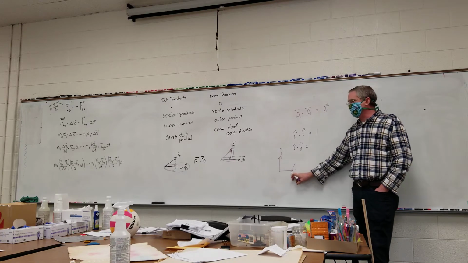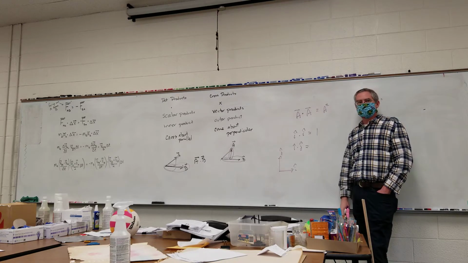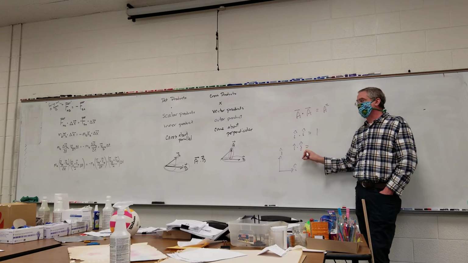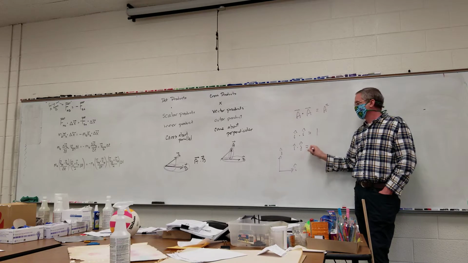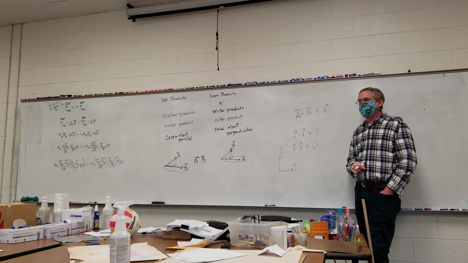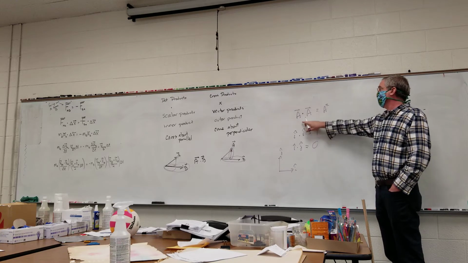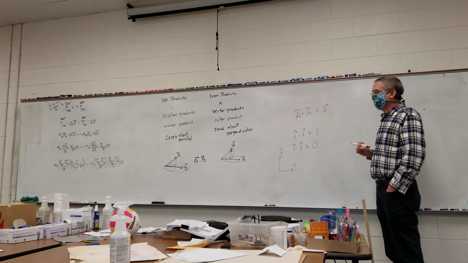How much of I hat is in the direction of j hat? 0. So the dot product would be 0. All right, so given this, primarily any vector dot product with itself gets the same thing.